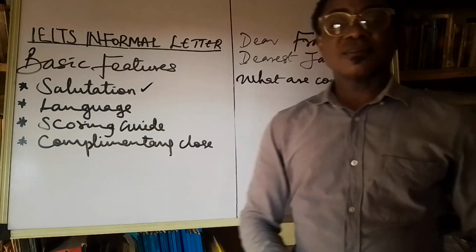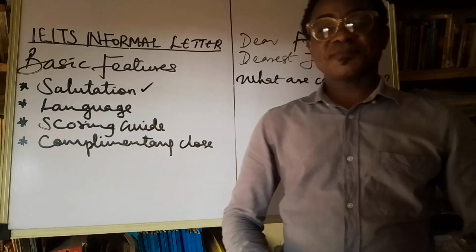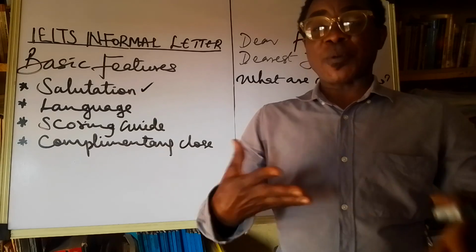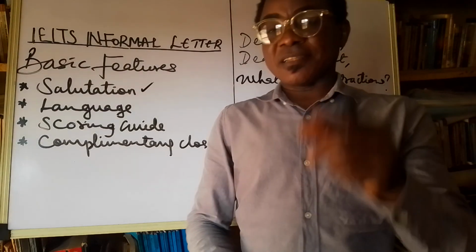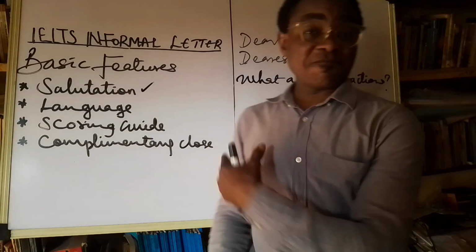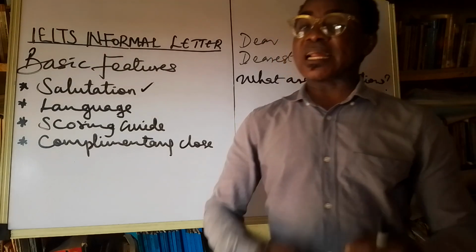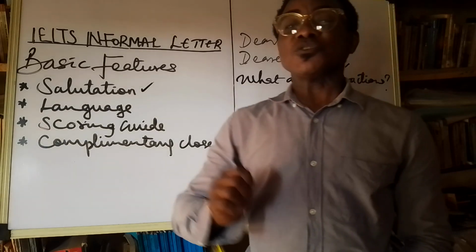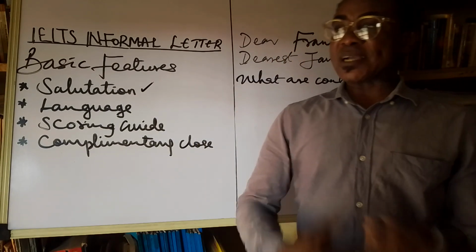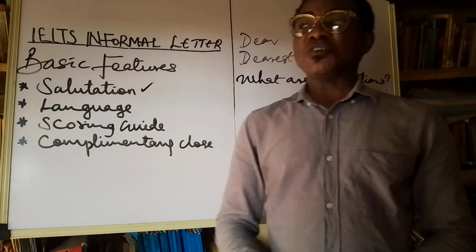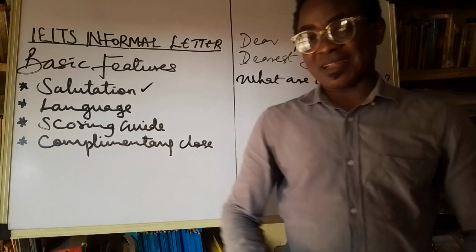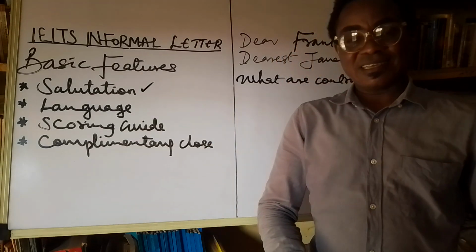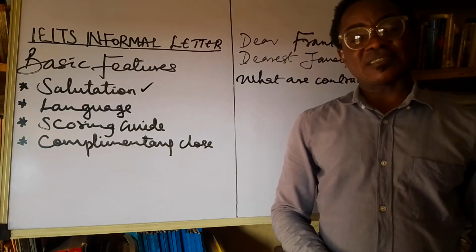Contractions are the short forms of primary and modal auxiliary verbs. It's a necessity in an informal letter that in order not to sound too formal, you need to use contractions. The contractions reduce your writing to an informal level. They help to infuse intimacy into the letter you are writing.